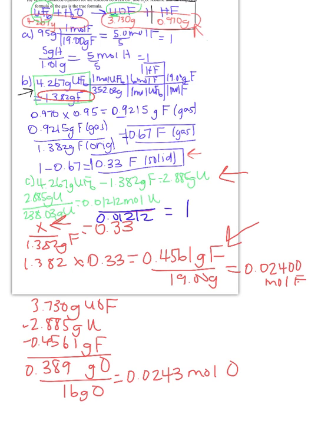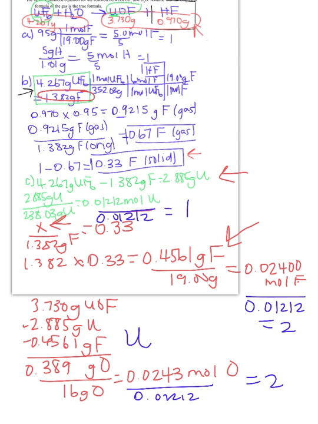I'm going to divide this by 0.01212, and 0.024 divided by 0.012 gives me 2. And the same thing here, 0.01212, and that should give me 2. So that means for every 1 mole of uranium, I have 2 moles of oxygen and 2 moles of fluorine. So here is my formula for the solid product.